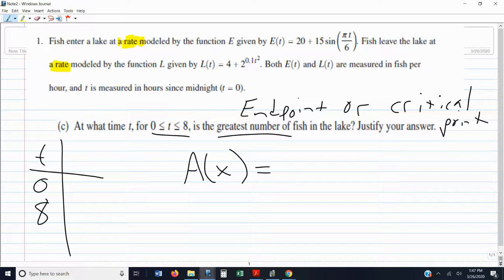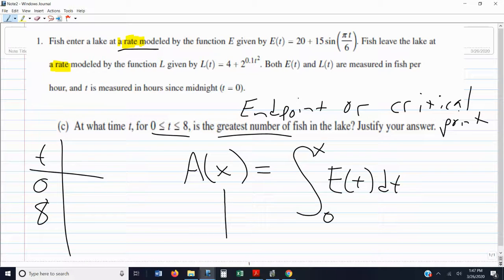And the function we're going to be using, I'm going to use x here. We have that same idea from yesterday that if we know the rate that fish are entering, then the antiderivative is going to give me the actual amount that have entered. And I'm going to go 0 to time x. X is my independent variable. And then the rate that they're leaving is L of t.